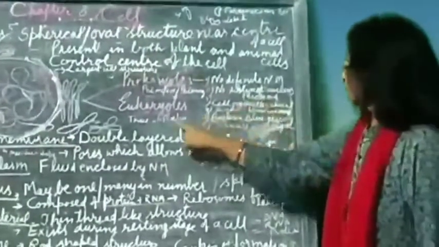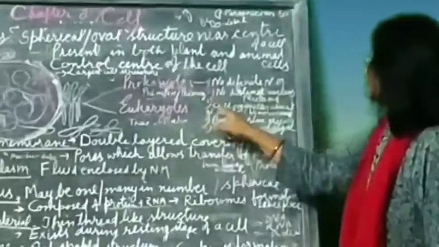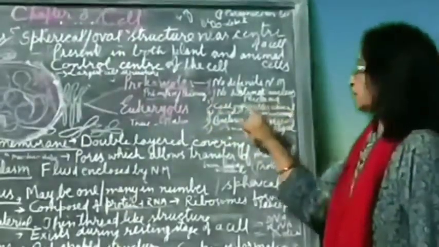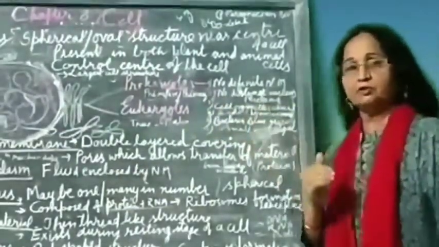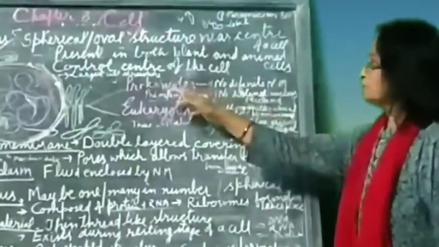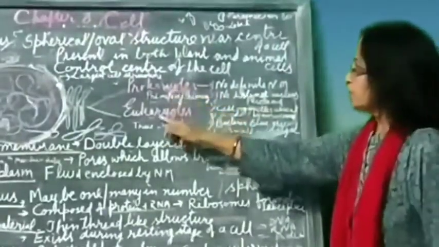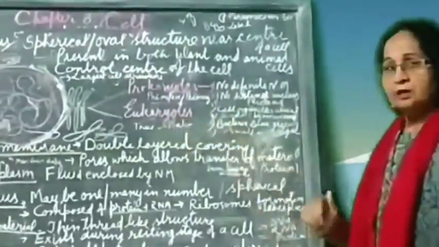Again, here a well-developed nucleus is present. In prokaryotes, cell organelles are absent. Cell organelles, as you know very well, like mitochondria, Golgi apparatus, chloroplast, will all be absent in prokaryotes, whereas in eukaryotes they will be present.